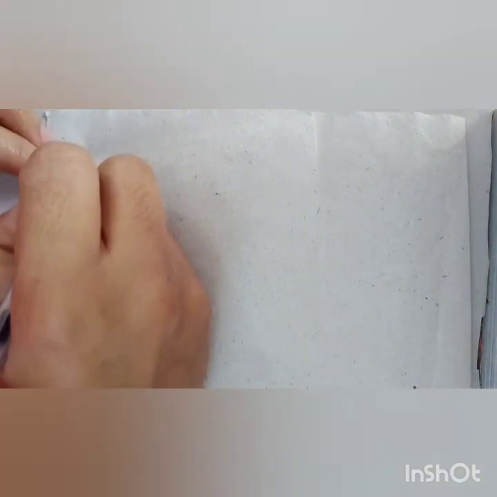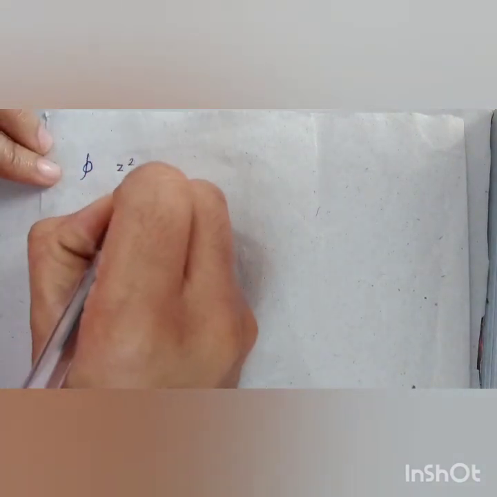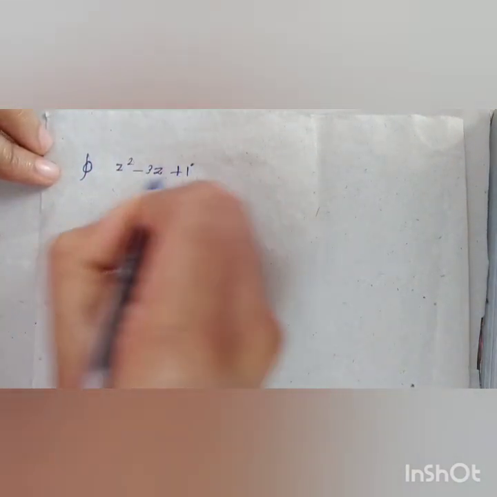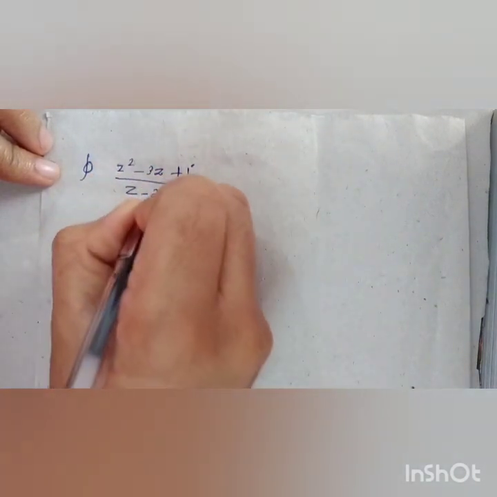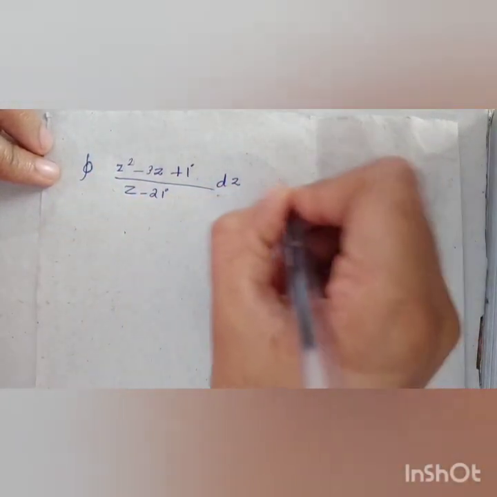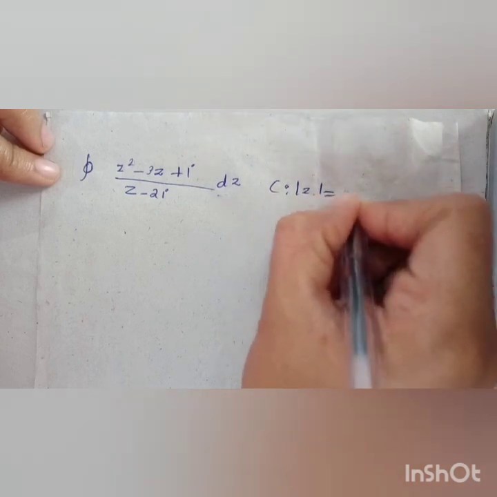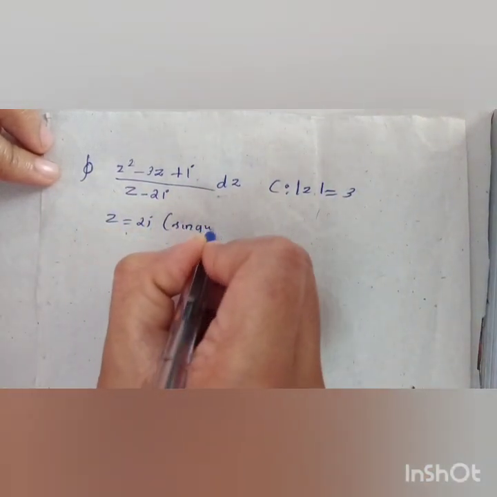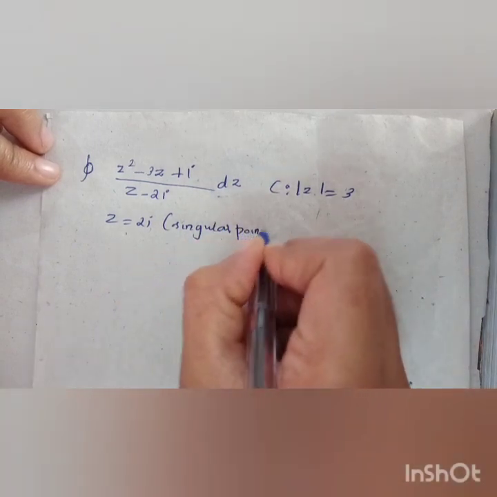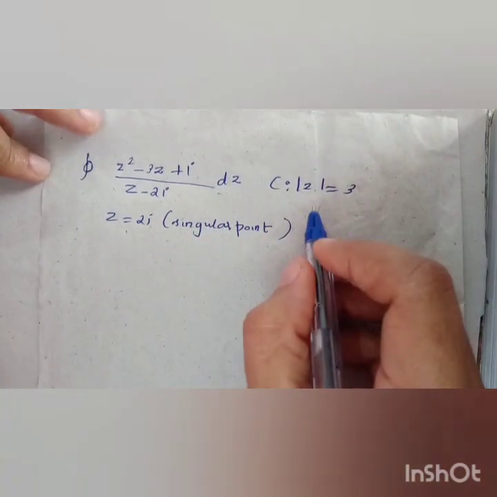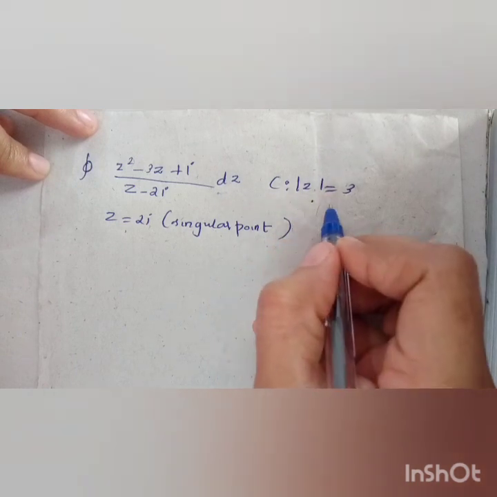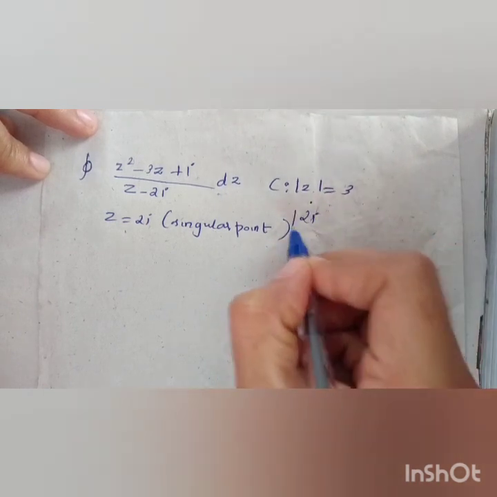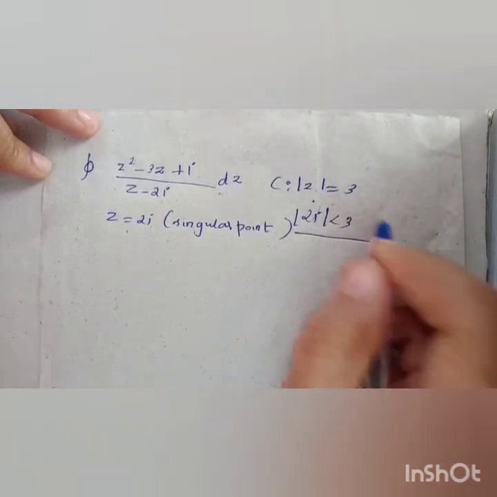Now consider the problem: the integral of (z square minus 3z plus I) divided by (z minus 2I) dz, C such that mod z is equal to 3, and z equal to 2I is the singular point. If you put the value 2I, its modulus is 2, which is less than 3.